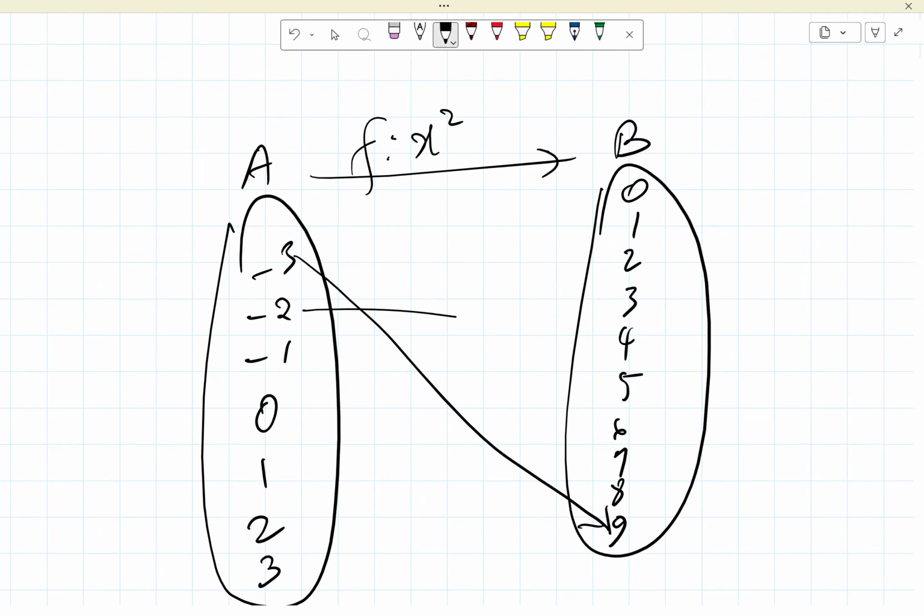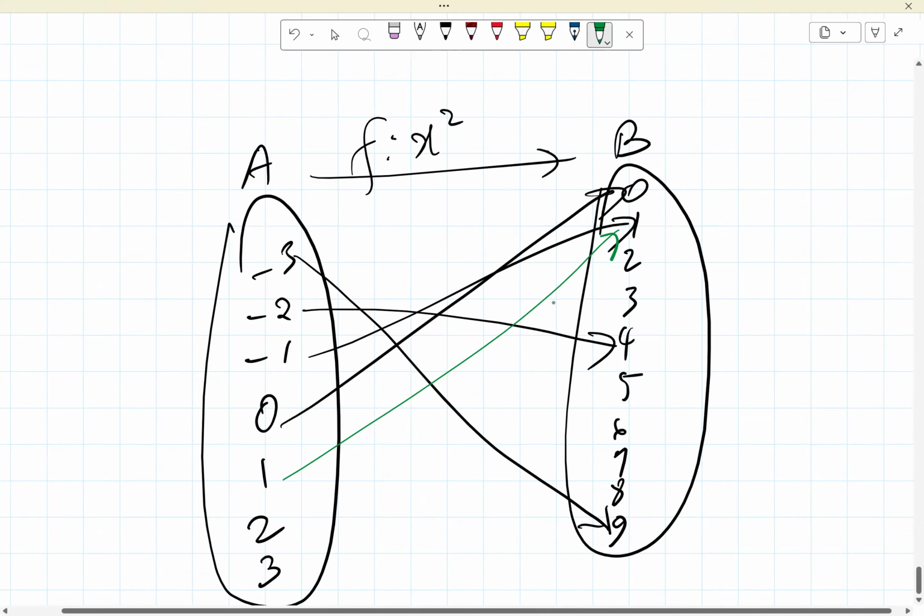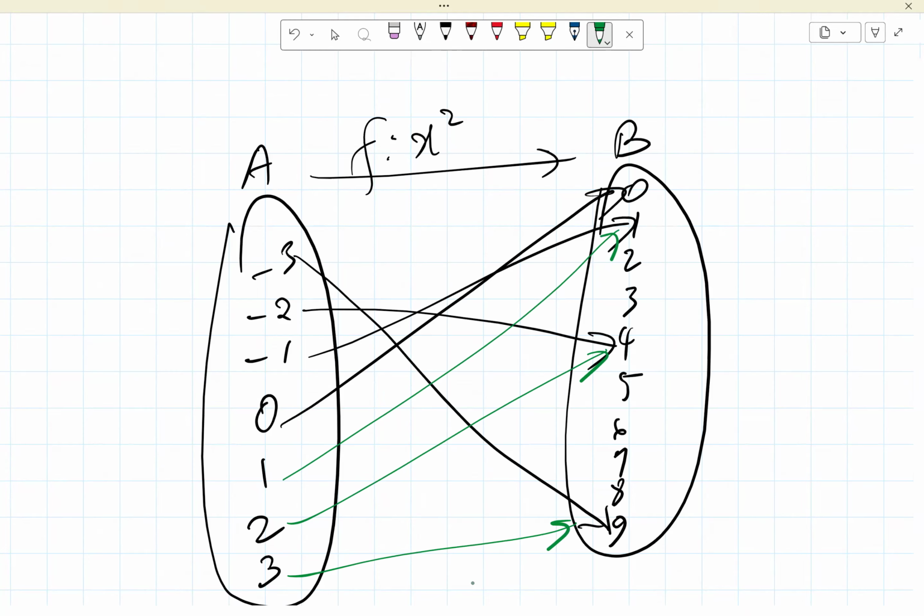Minus 2 is mapped to 4. Minus 1 is mapped to 1. 0 is mapped to 0. Then 1 is mapped to 1, 2 is mapped to 4, then 3 is mapped to 9, like this.